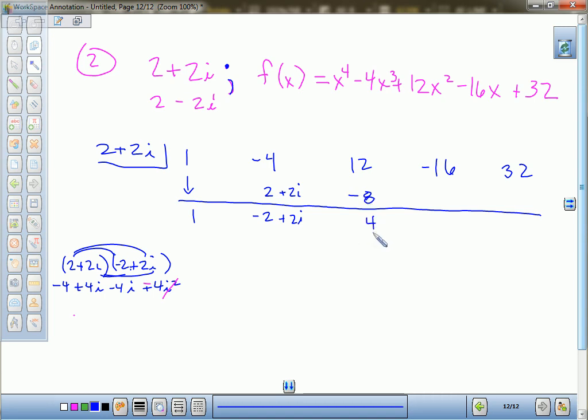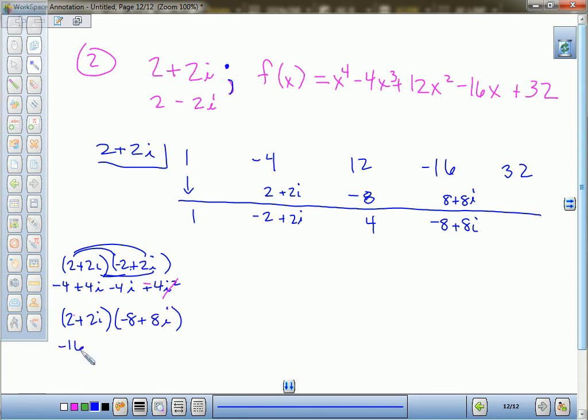And then I'm left with 4. So 4 times this is a little easier. I get 8 plus 8i. And so now I add the real parts, and I only have one imaginary part. Okay, so now I have to do 2 plus 2i times negative 8 plus 8i.